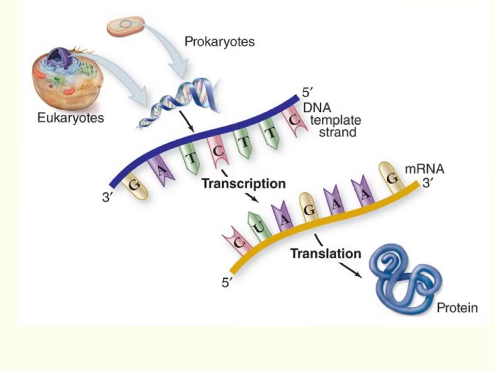Now, this is what's known as the central dogma of life. And why it's known as the central dogma is because of this idea that if you take DNA, and DNA, you remember, is in both eukaryotes and prokaryotes. Prokaryotes are just not in a specific nucleus, whereas eukaryotes it is.